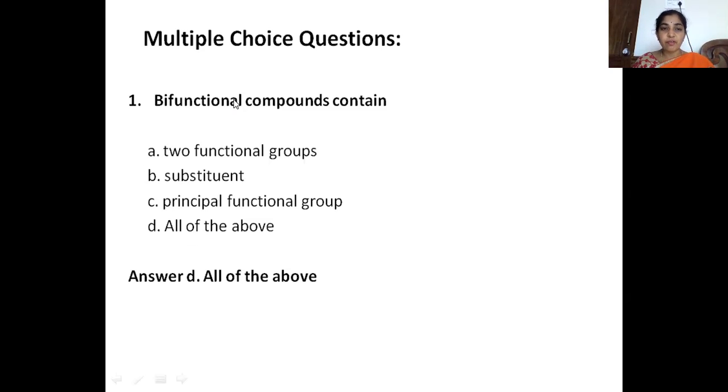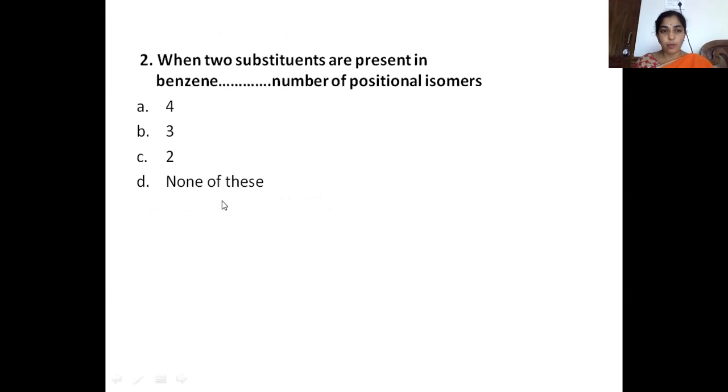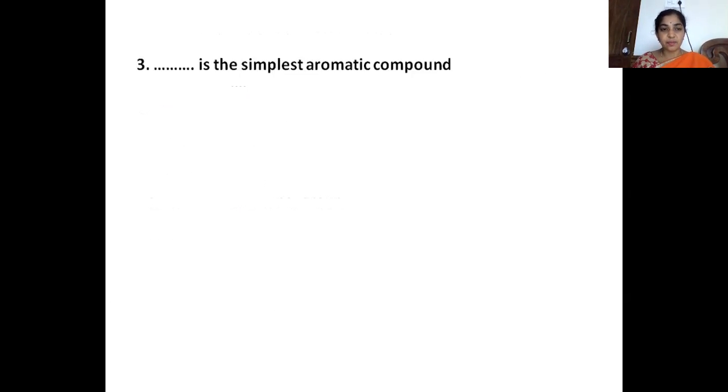Bifunctional compounds contain two functional groups; they are nothing but substituents and they contain a principal functional group. So the answer is all of the above. The second question: when two substituents are present in benzene, dash number of positional isomers are possible. Already we have discussed: is it 4, 3, 2, none of these? The answer is B, that is 3.